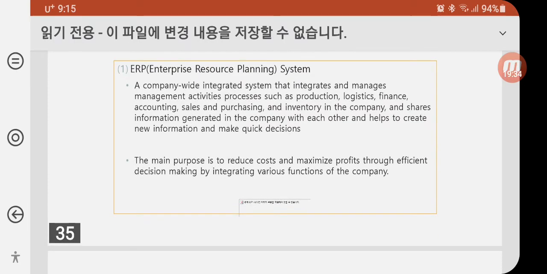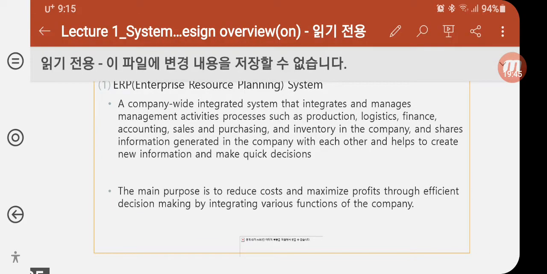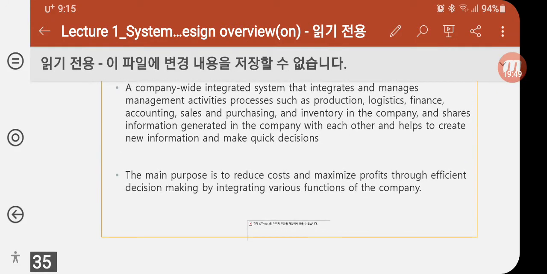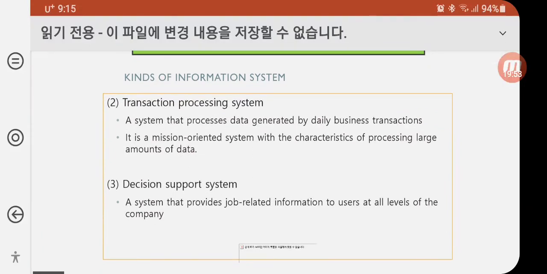The main purpose is to reduce cost and maximize profits through efficient decision making by integrating various functions of the company.